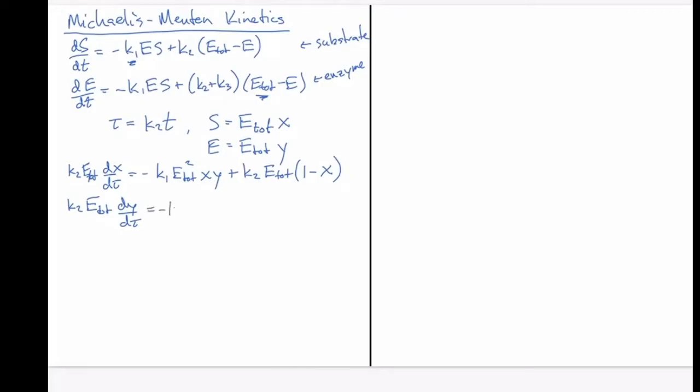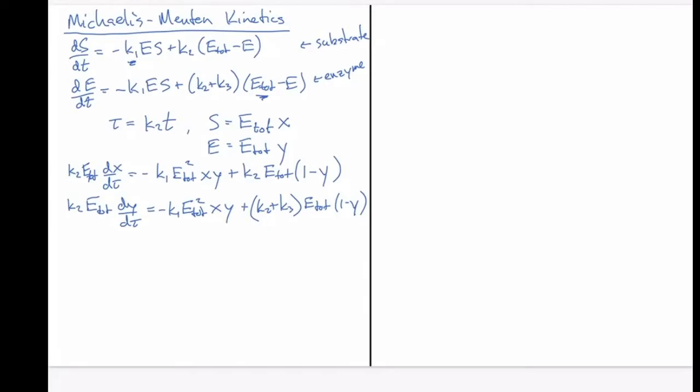And that's going to be equal to the same term here, so E tot squared times xy, plus K2 plus K3, and here I also have E tot factored out of the brackets, and in the brackets 1 minus, oh, whoops, that's not x, that's y. So let's fix those, y and y. Okay, so the E's are y, y. Yep, okay.